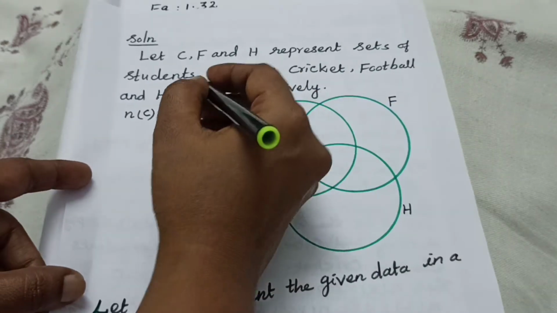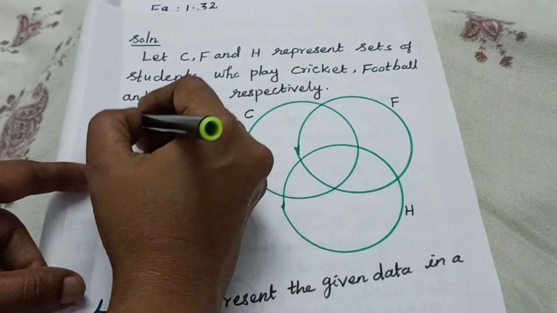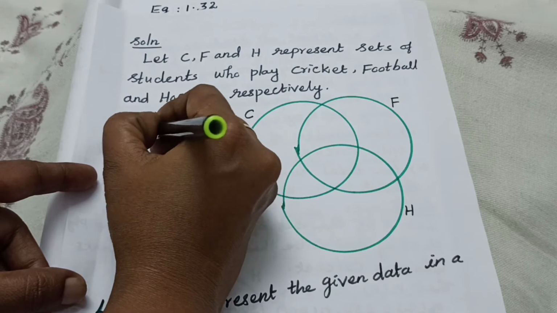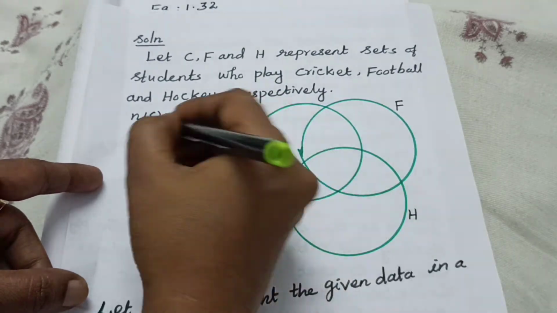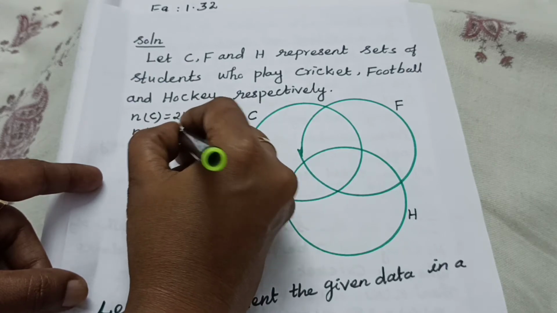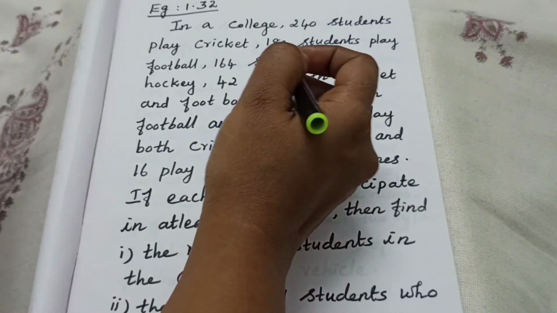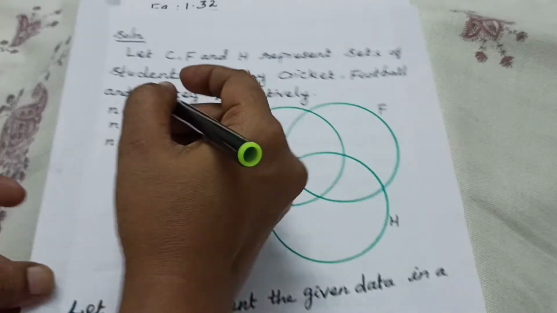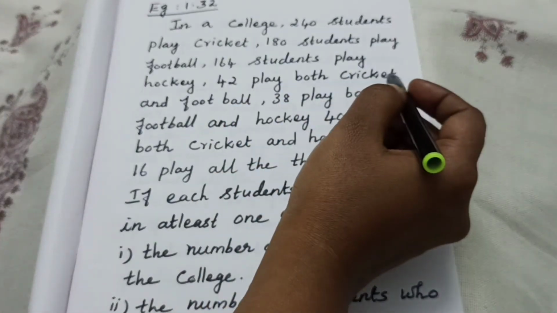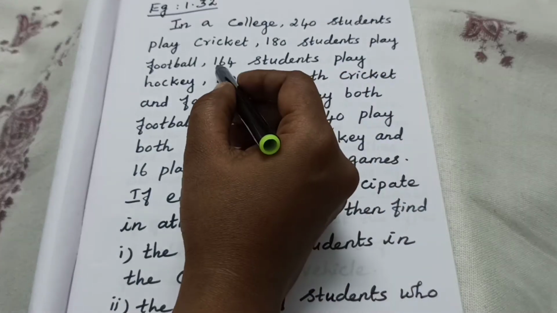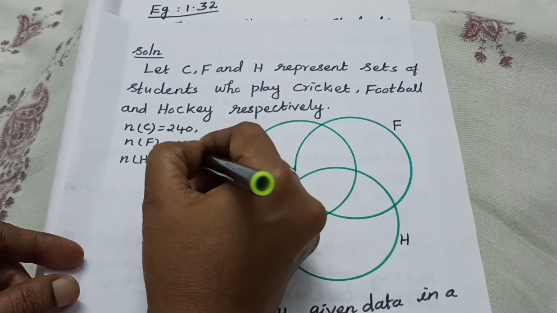Then n of F is 180. Then n of H, the students who play hockey, is 164.